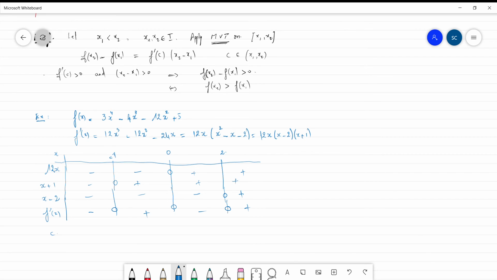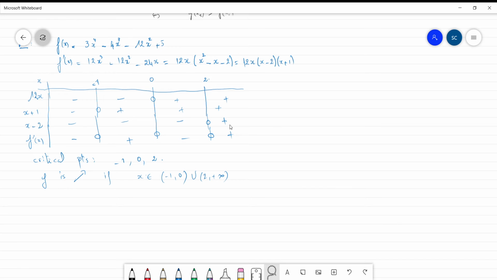So we have three critical points: -1, 0, and 2. f prime is positive, so f is increasing if x belongs to the interval (-1, 0) union (2, plus infinity). You see it here, we have this interval where the function f prime is positive.